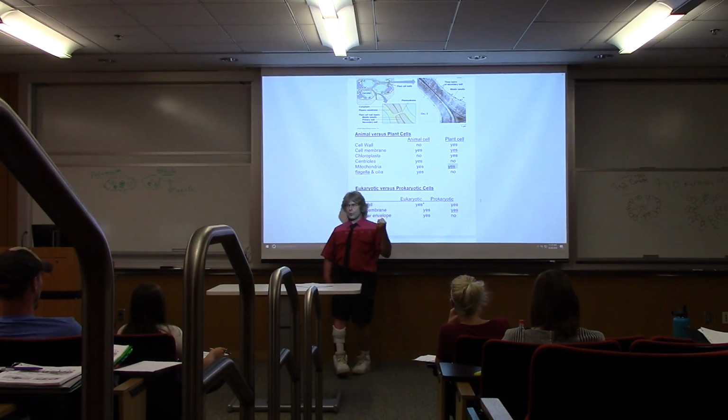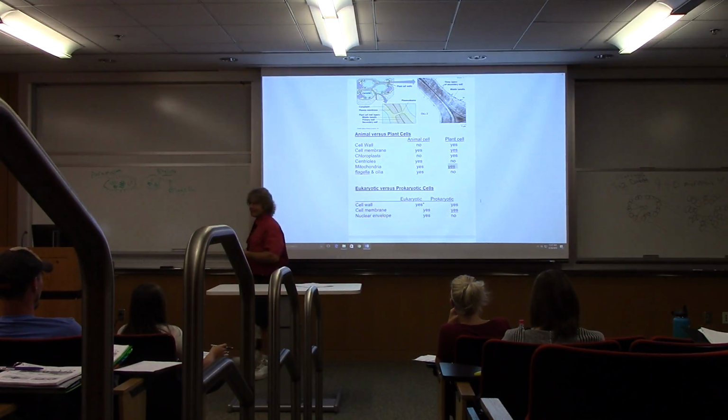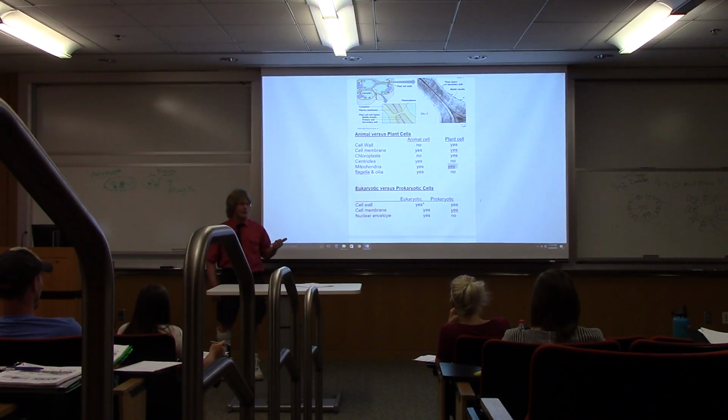Without oxygen, anaerobic respiration will occur. You're only producing 2 ATPs for every glucose broken down. But with the mitochondria, you're able to produce up to 36 ATPs.